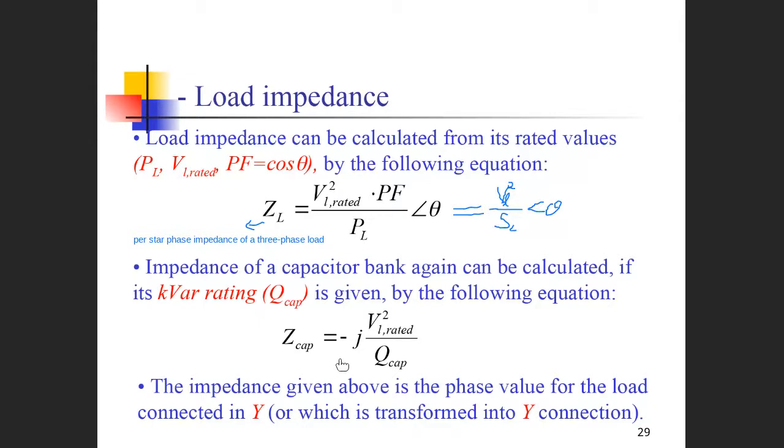Now, for capacitance. If it is a three-phase capacitor, this is the line rated voltage of the capacitor. This is the capacitor's reactive power, the total three-phase capacitor reactive power. This is the per star phase impedance of the three-phase load, capacitive.